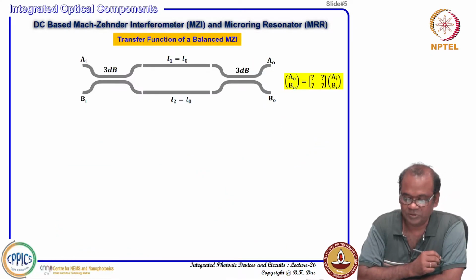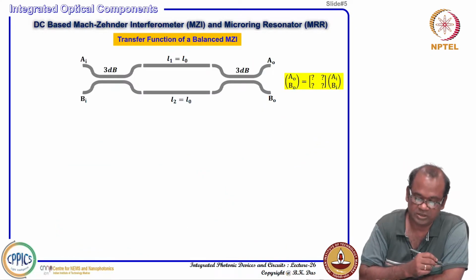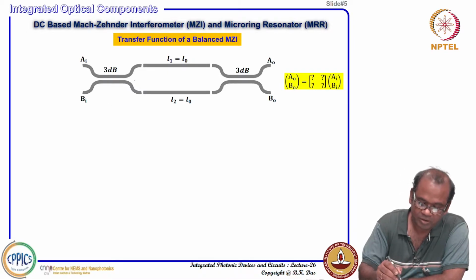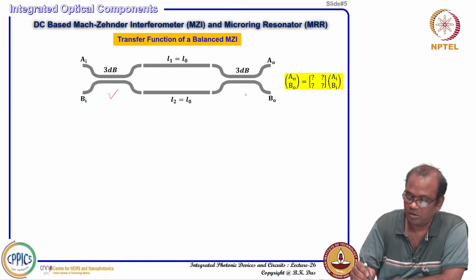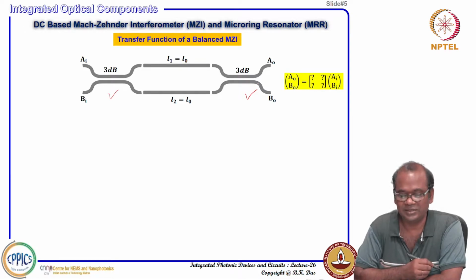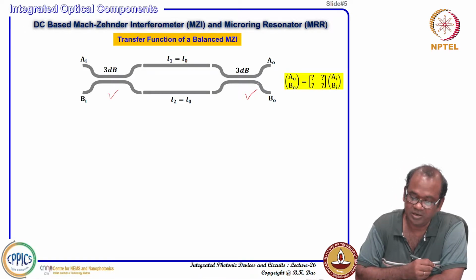So, let us try to see this type of configuration. You just imagine a Mach-Zehnder interferometer constructed with the help of two identical directional couplers acting as 3 dB power splitters.